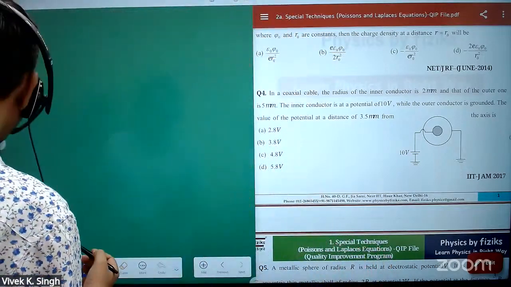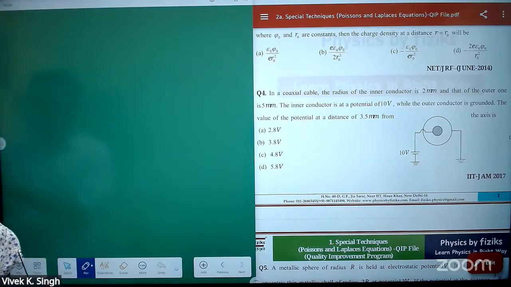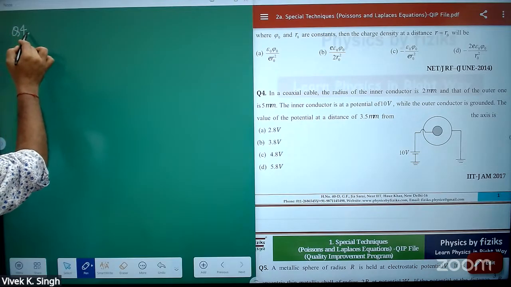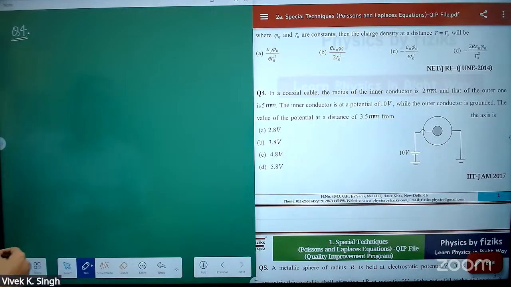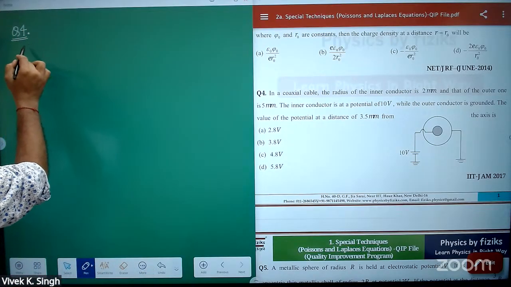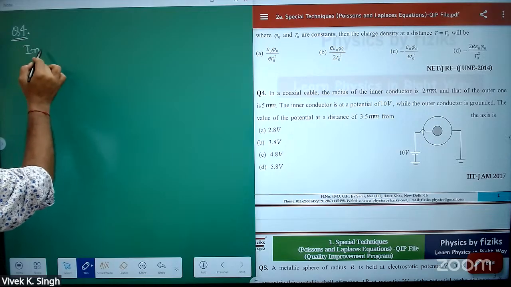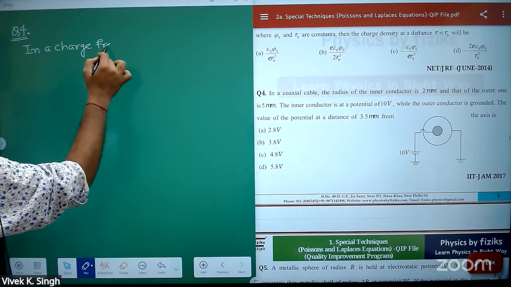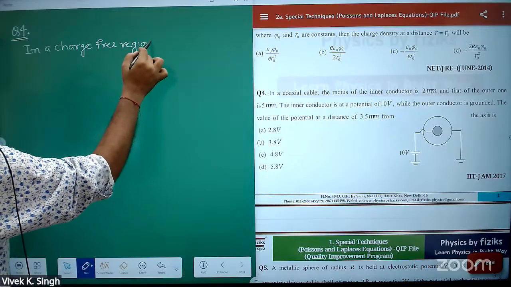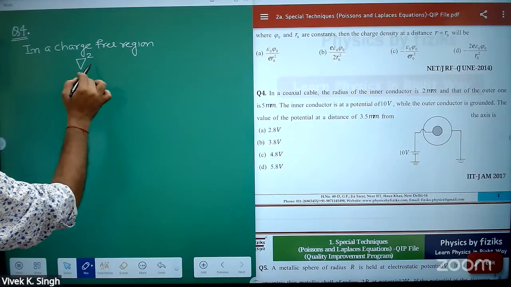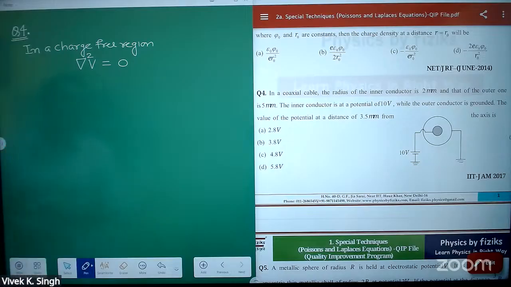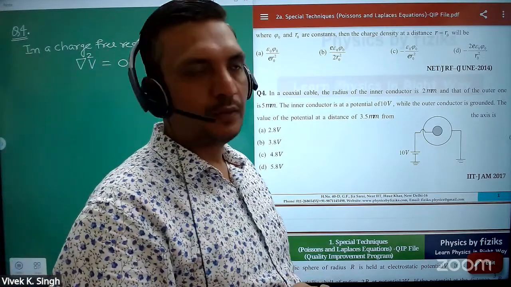So let's see how to solve this question. Potential in a charge free region: del square V will be 0. So you have to use the Laplace equation.